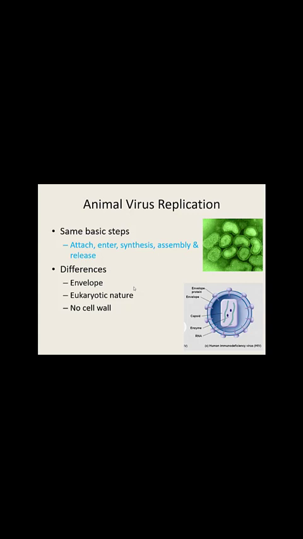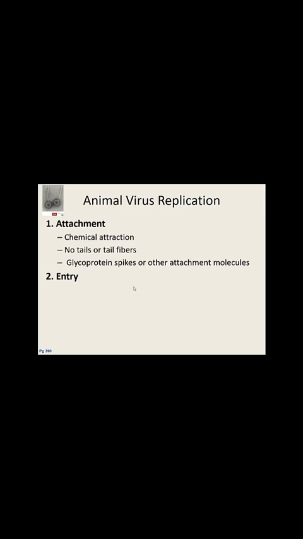So first step is still attachment, still the same 5 basic steps. Viruses are usually attached to our cells, mostly because they're first attracted to our cells using some type of chemical. They're going to use those glycoprotein spikes or some other attachment molecule. But my note on there, no tail or tail fibers: viruses that infect animal cells don't have those cool structures that look like they should be landing on the moon.